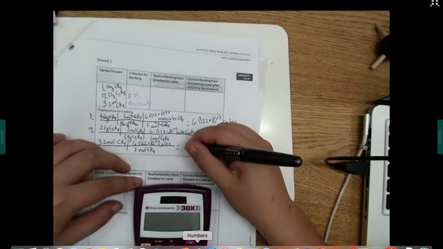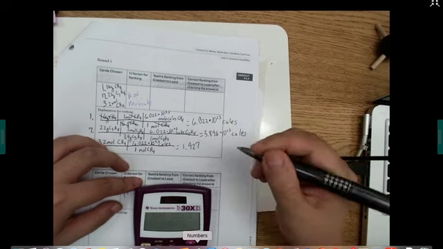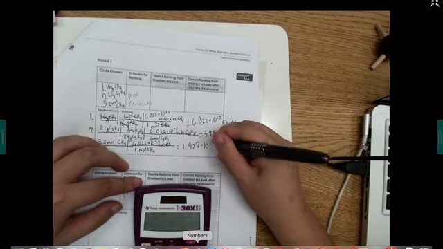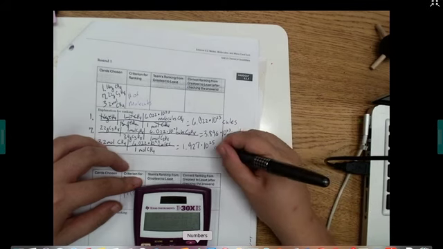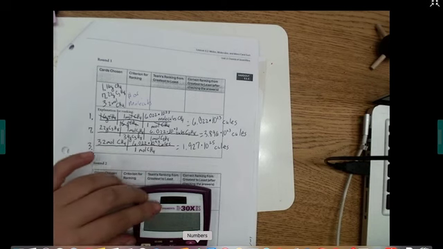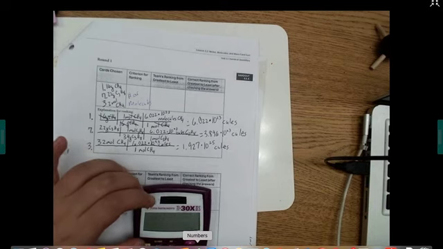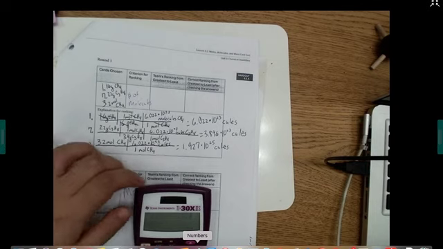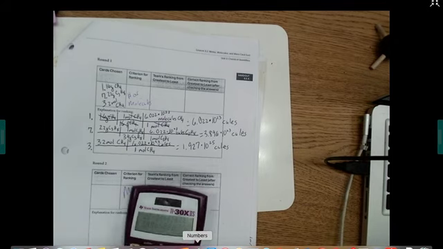And I'm going to equal 1.927 times 10 to the 25th joules. Let me make sure I did the last one right. 22 divided by 34 times 6.02 E23. Okay, I just wanted to make sure my exponents were right.